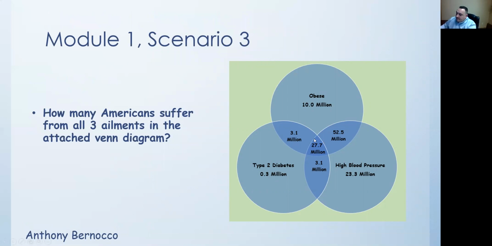We have 27.7 million suffer from all three, 52.5 million suffer from high blood pressure and obesity alone, 3.1 million suffer from obesity and also have type 2 diabetes, 3.1 million have type 2 diabetes and high blood pressure, and then 10 million people have obesity, 23.3 million have high blood pressure, and 0.3 million people have type 2 diabetes.